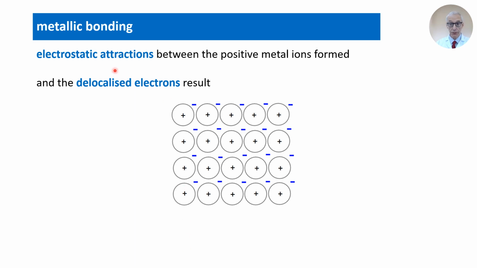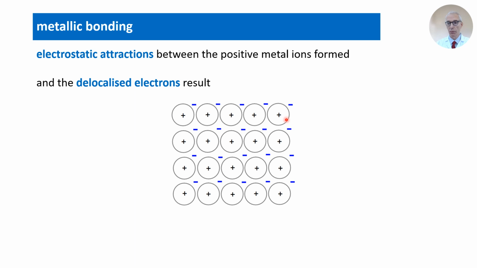We would account for metallic bonding as the electrostatic attractions between the positive metal ions that are formed by the loss of their outer shell electrons and the delocalized electrons that result. So we've got a sea of delocalized electrons and a lattice of positive ions, otherwise known as cations.